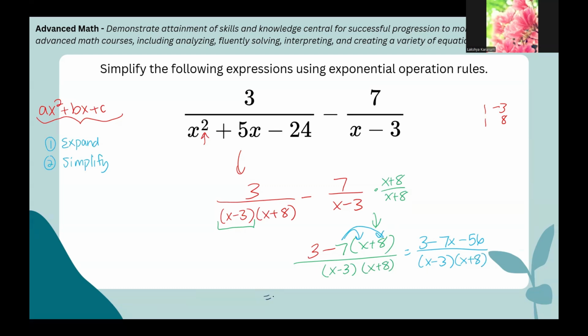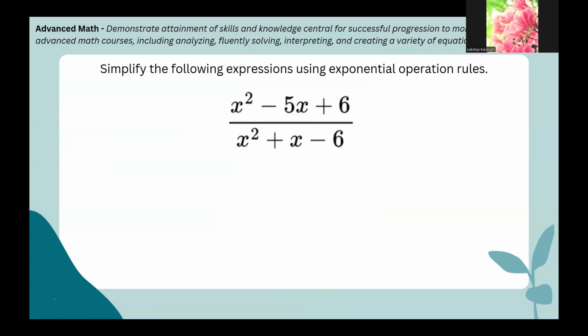This gets you 3 minus 56, which is negative 53, minus 7x over x minus 3, x plus 8. All right. And at this point, there is pretty much nothing else that you can factor out, I believe, because I think 53 is a prime number. So this is pretty much the answer. This is the fully simplified version of this expression right here.